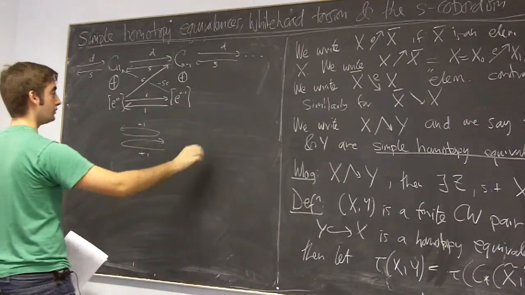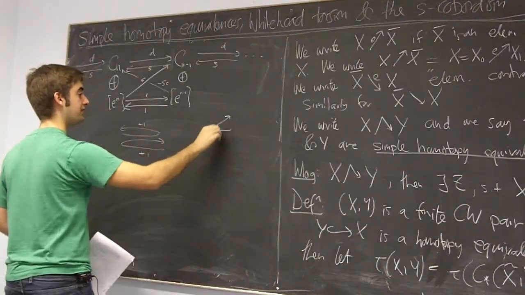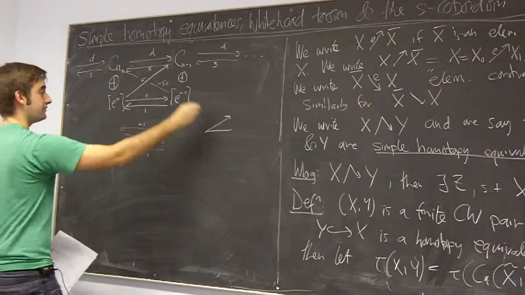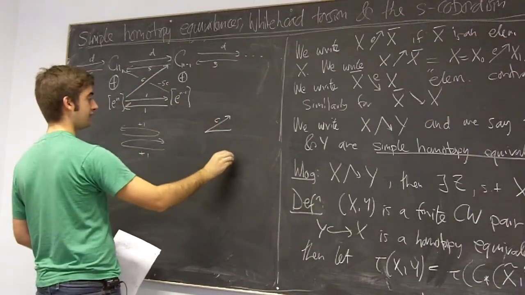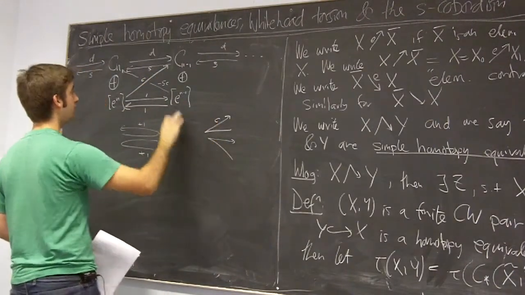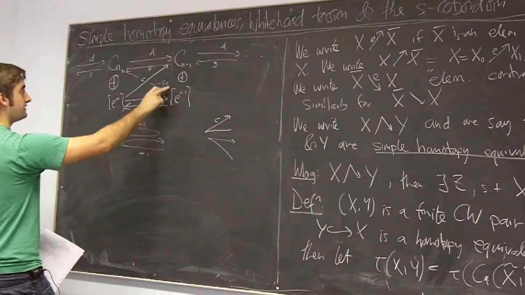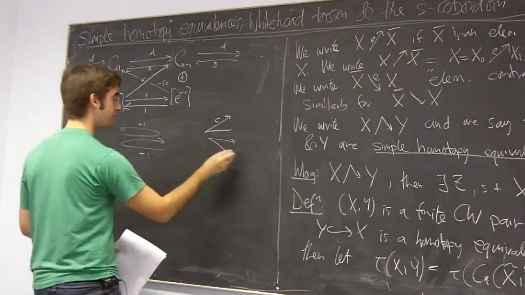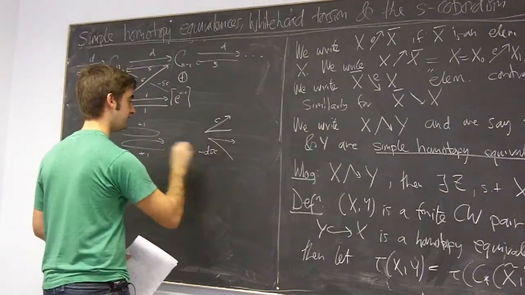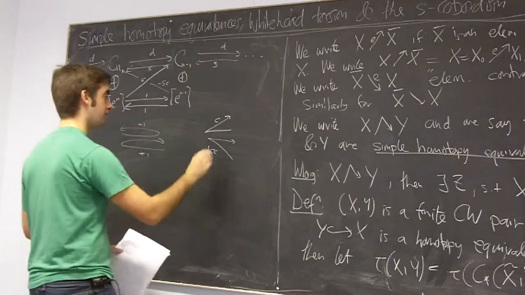If we go this way, that's c, and then if we go this way, that's minus Sc followed by d, so that's minus dSc.